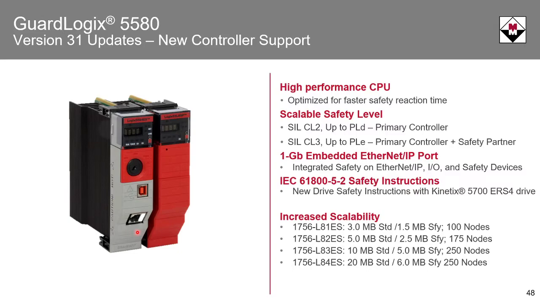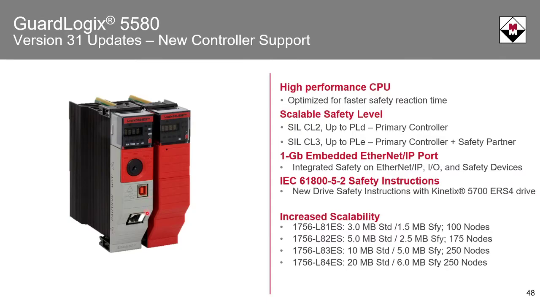Now this controller is unique because you can just buy the safety processor and support a SIL2 PLD safety level. Or you can buy the safety partner in conjunction with the GuardLogix processor to achieve a SIL3 PLE safety level.